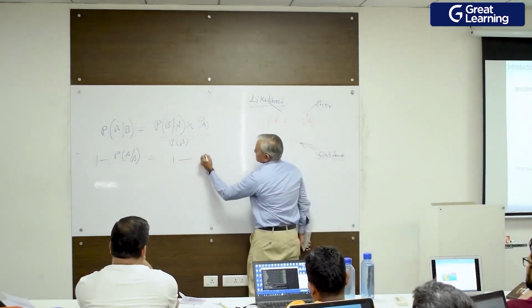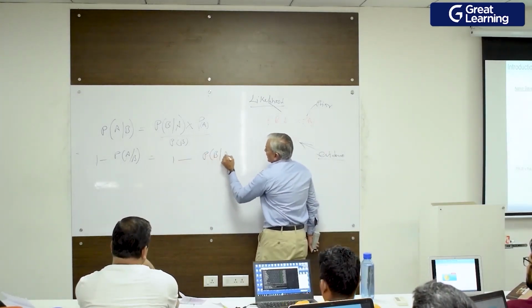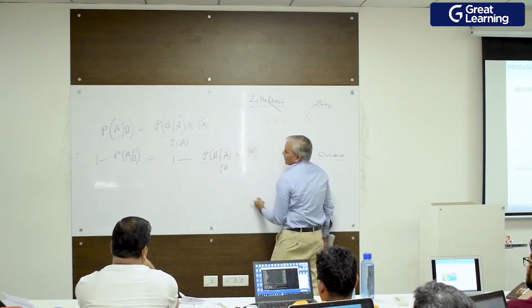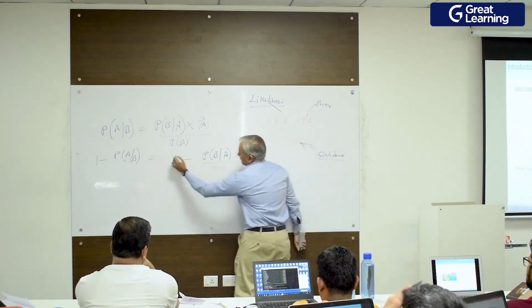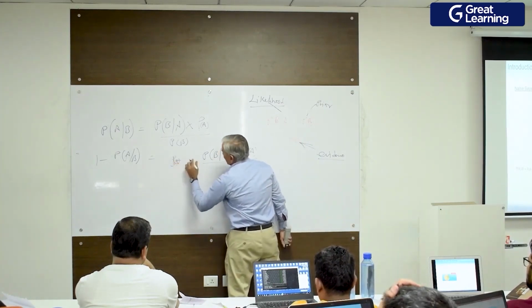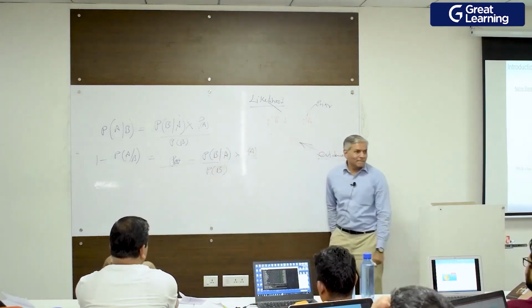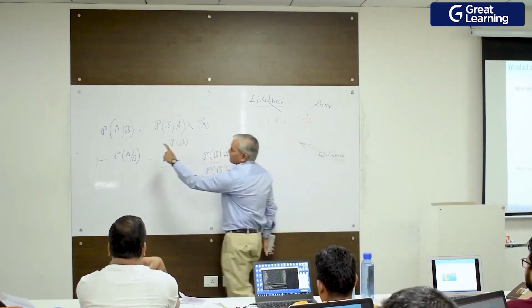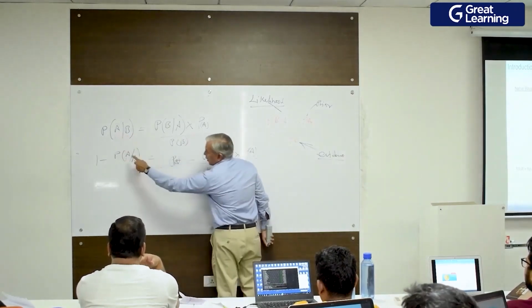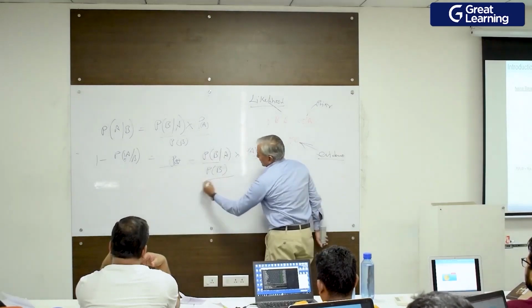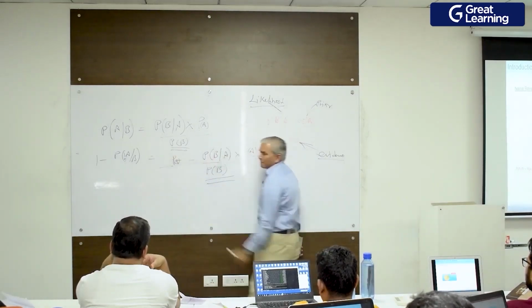So this I can write as P(B given A) into PA by PB, and similarly for not A given B. Agreed? So whether you're finding probability of A given B or not A given B, both of them have PB in the denominator.